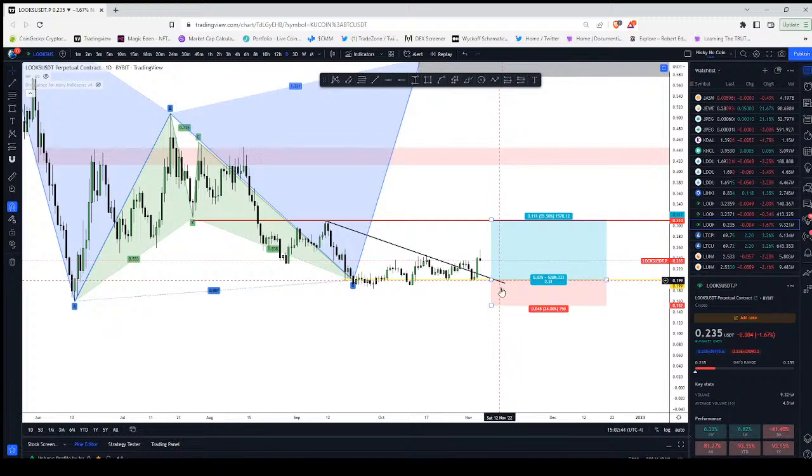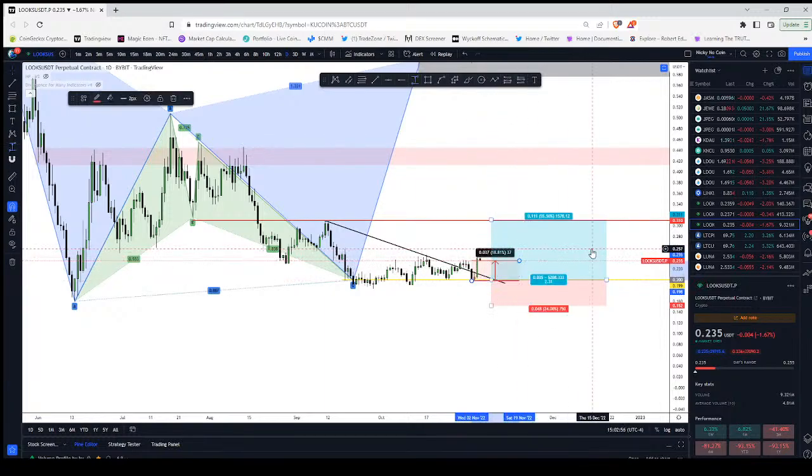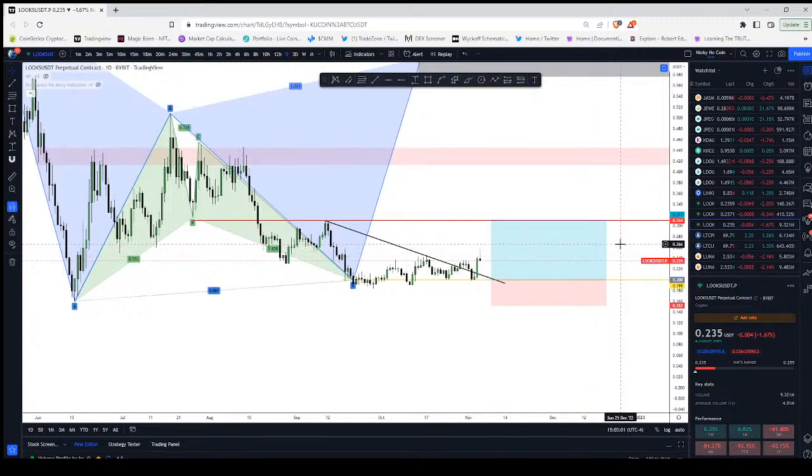We entered here. I did take some profit off this already though. I mean, that was a massive move. I didn't expect it to be that fast. I took like 18%. I woke up and just hit sell. I still have like 25%, 50% of the trade in. I don't remember.